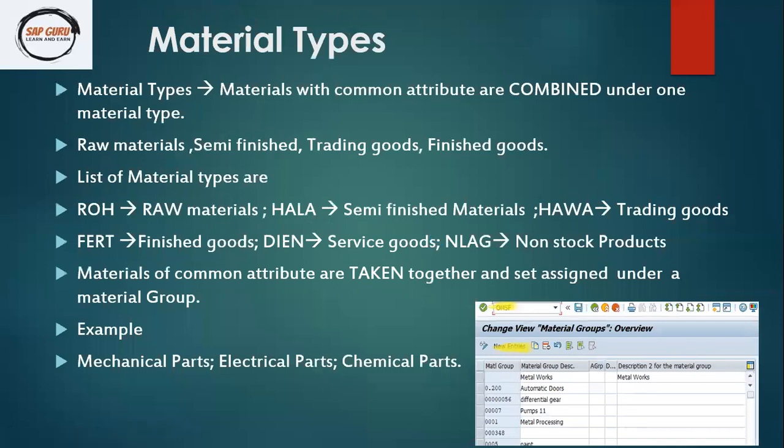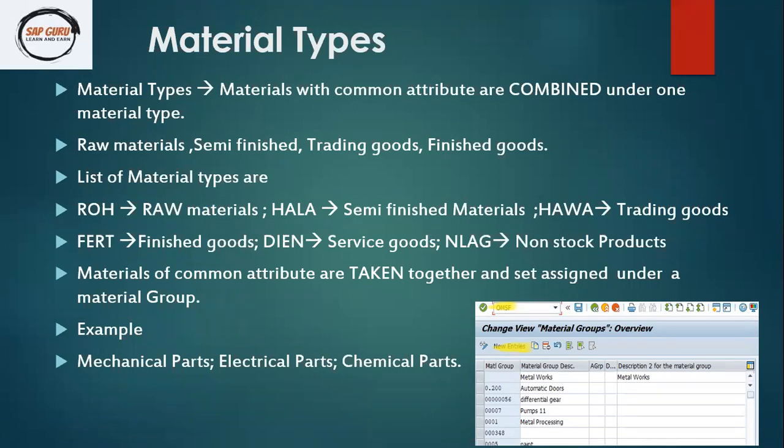Material types: why am I explaining this slide, or adding it here today? Because regarding material types, you have majorly learned about raw materials and semi-finished, but why we have to create all these things in the system you may not be aware of. That's the reason I'm going to explain here what material types are. As you know, it's a common attribute.